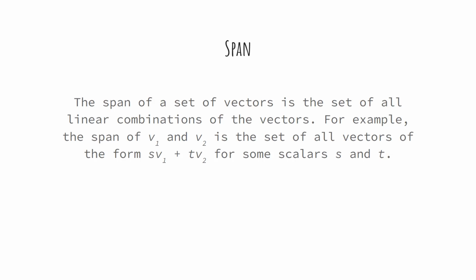Every single vector in our 3-dimensional space is a linear combination of those vectors. For example, the span of v1 and v2 is the set of all vectors of the form s v1 plus t v2 for some scalars s and t. That's essentially what a linear combination means with respect to vectors, and that is how we define span.